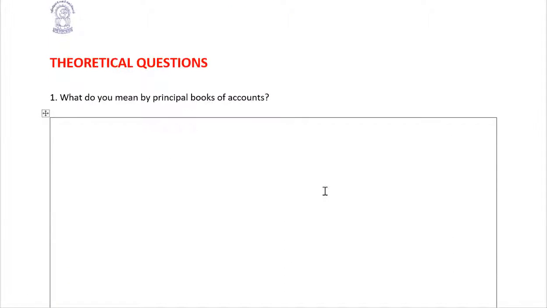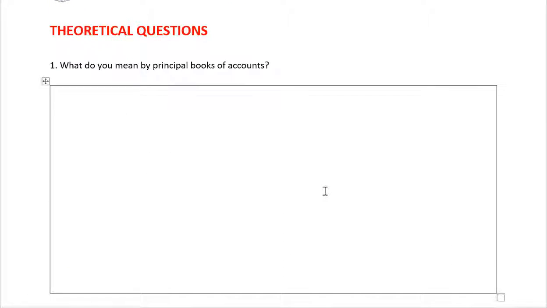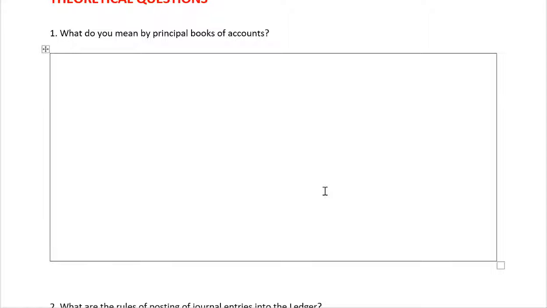Let's see the theoretical questions now. The first question over here is, what do you mean by principal books of accounts?